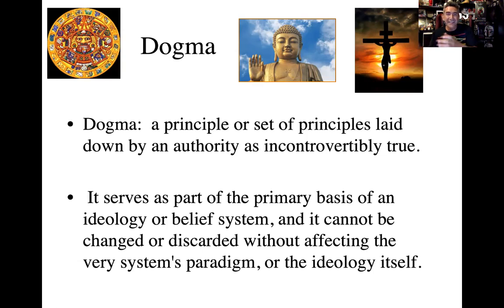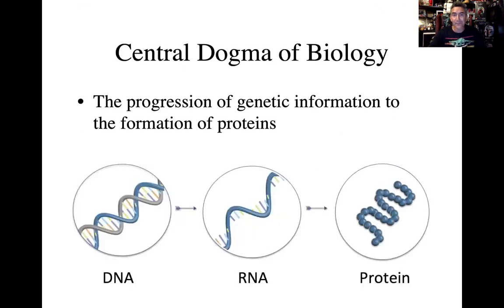That can't happen with dogmatic religions. So the central dogma of biology is a dogmatic ideology, but the ideology is allowed to be changed depending on what new information arises.